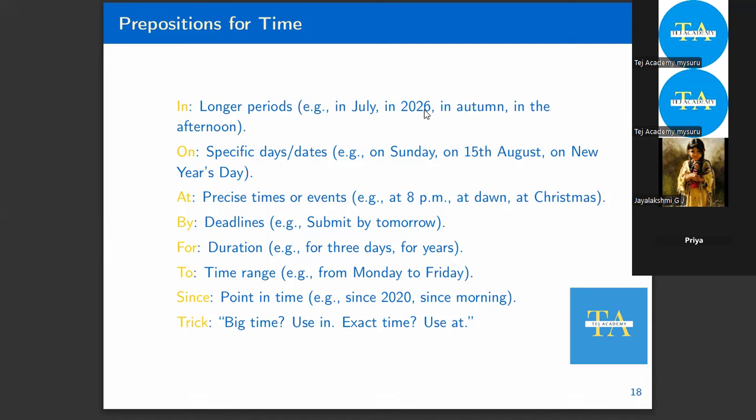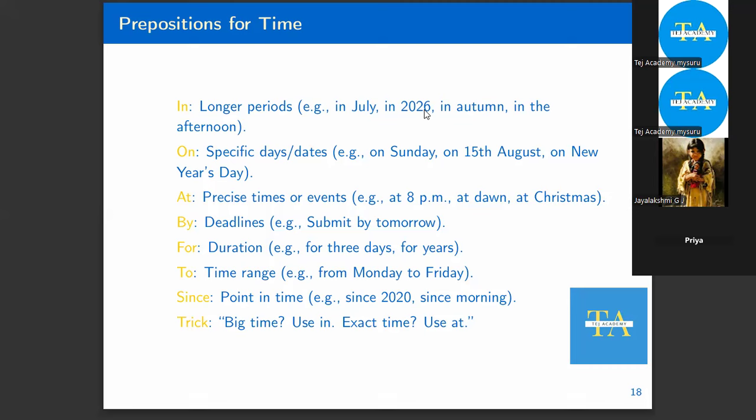We visited my mother's house on Sunday, or we will visit my friend's house on Sunday. On 15th August, we celebrate Independence Day. On New Year's Day, we will have a party or some celebration. So we use on with specific days or dates.